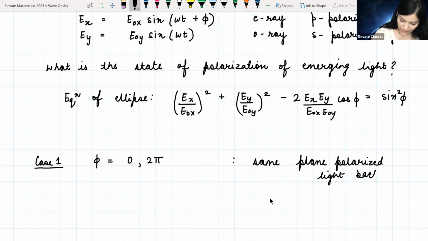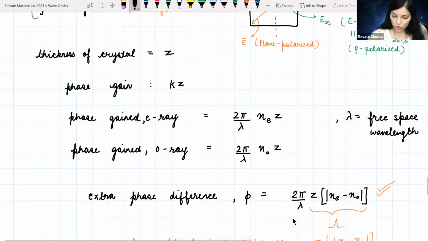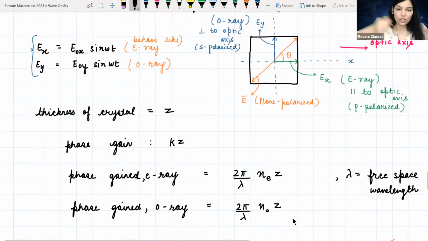Now what is this light? Which light am I talking about? If I go back to my diagram, the light vector I have drawn in orange is my incident plane polarized light. I broke this incident plane polarized light into two components, and in those two components I introduced a phase difference, and I am tuning that phase difference in my own way, whatever phase difference I want, and by tuning that phase difference I am producing different types of polarizations on the other end of the crystal.